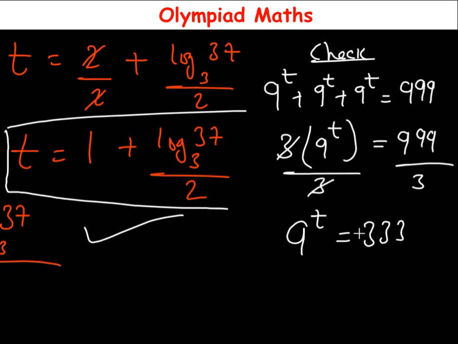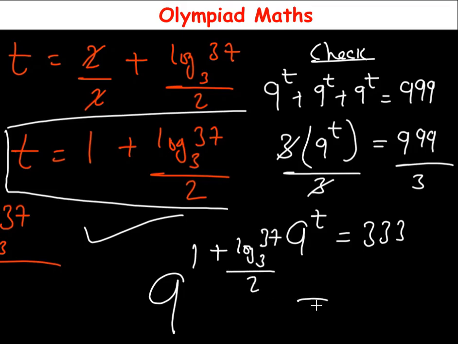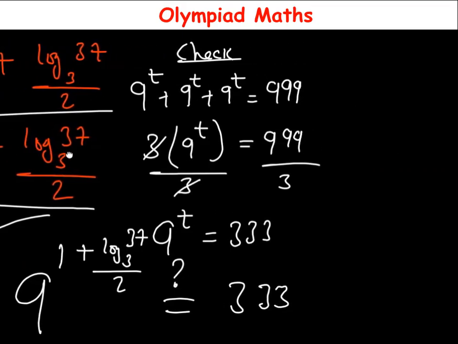Okay, so with this, we can then introduce the value of t, which is 1 plus log 37 base 3 over 2, into this equation. So 9 raised to power 1 plus log 37 base 3 all over 2, with this equal to 333? Now let's confirm.